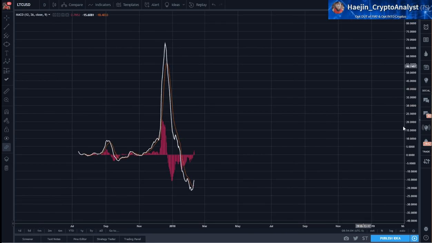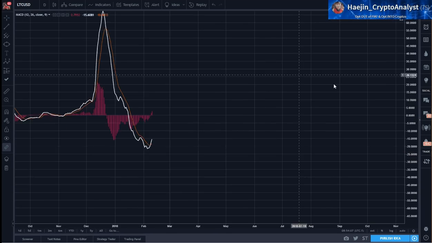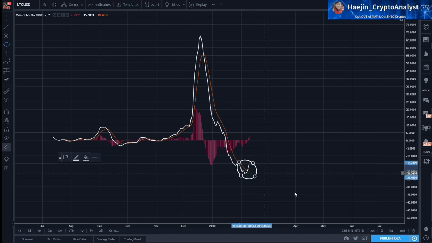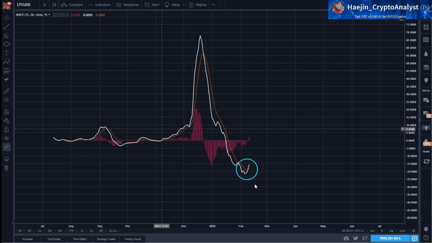And, whoops, clearly we have a breakthrough of the white 9-day moving average piercing above through the red moving average, and that to me is a bullish buy indication that it was very oversold.